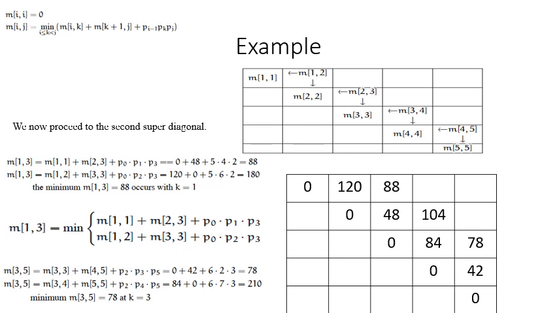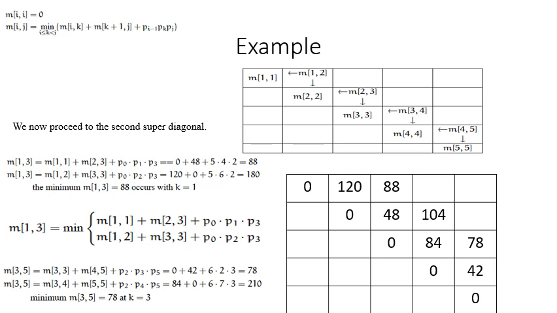Now it is becoming interesting because we have moved to the second super diagonal. As we are moving away from the diagonal, the values of k are increasing. Like in the previous case, we had only one value of k. Now we will be having two values of k. In this case, we are multiplying matrix 1 with matrix 3, so values of k could be 1 and 2.